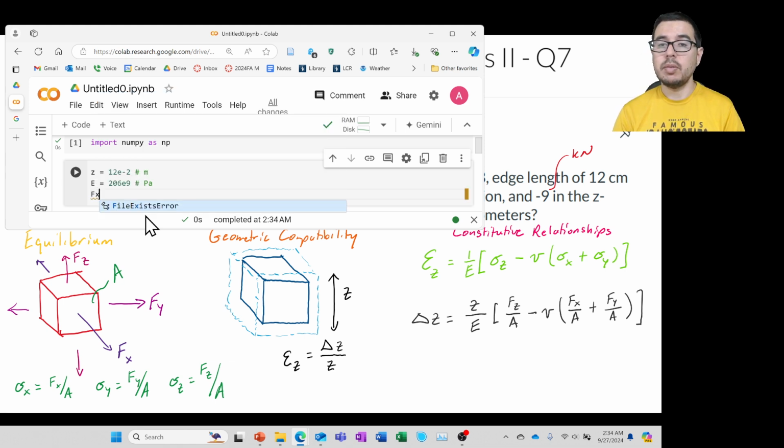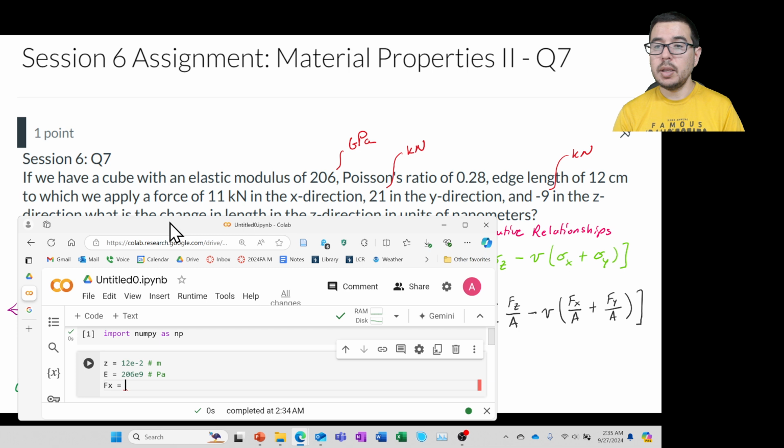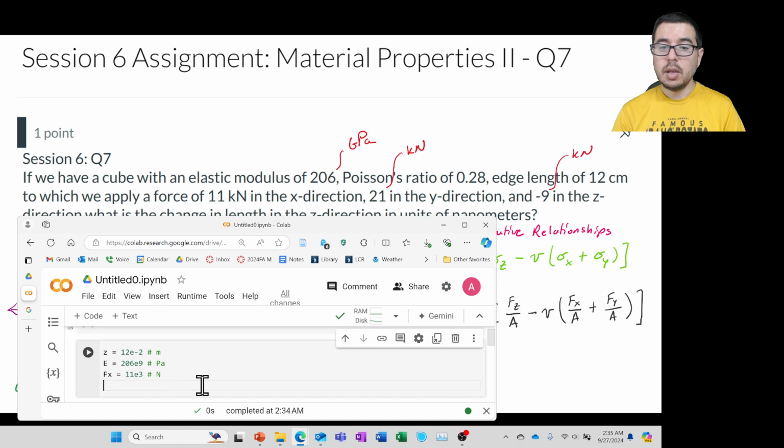Fx, we'll just go ahead and do them all. Fx is going to be 11 kilonewtons, so 11e3, and that will be in newtons. Fy is going to be 21e3, in newtons.